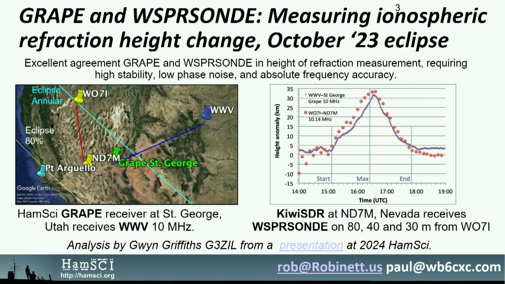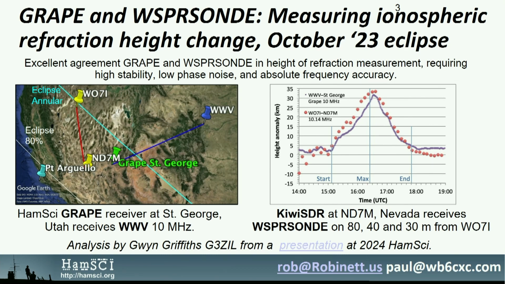During that same eclipse event, the GRAPE system in St. George, Utah, was recording the WWV transmissions. On the right, you can see a comparison of the measurements we made with WSPRdaemon and the WSPRSonde transmitter against those made with the GRAPE receiver and WWV. Both of these paths traverse the line of annularity. So you can see there was a very good correlation between the two.